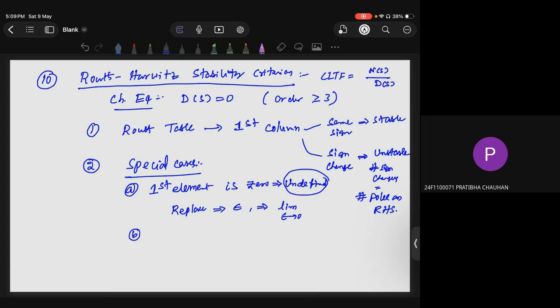The second case is all numbers in a row are 0.